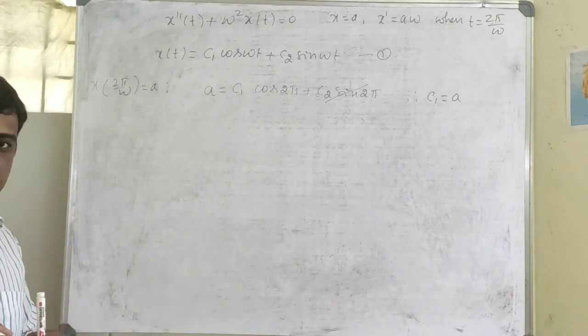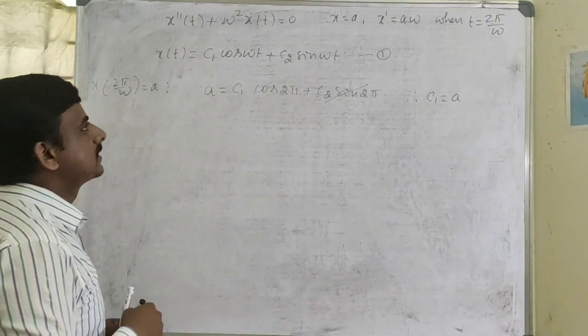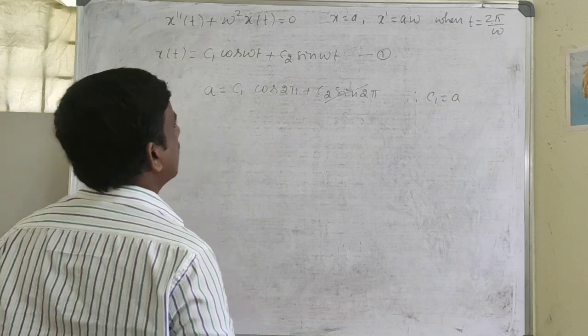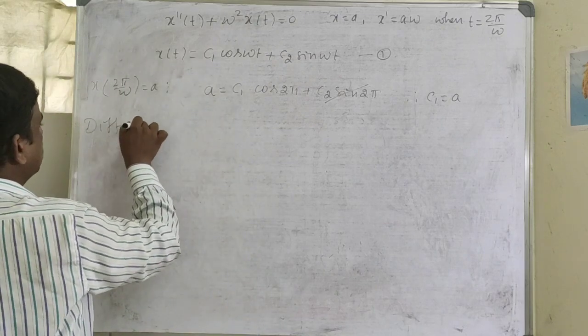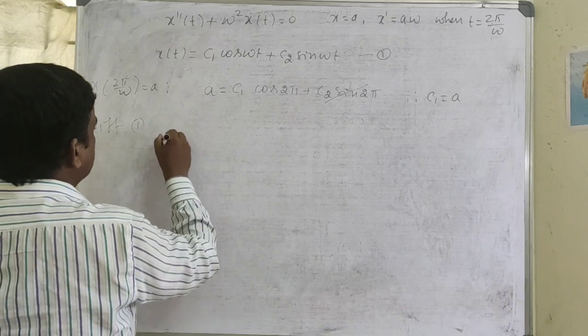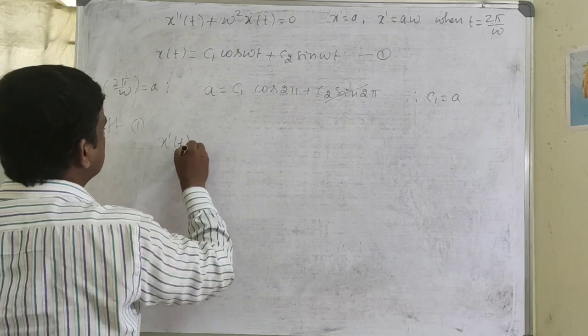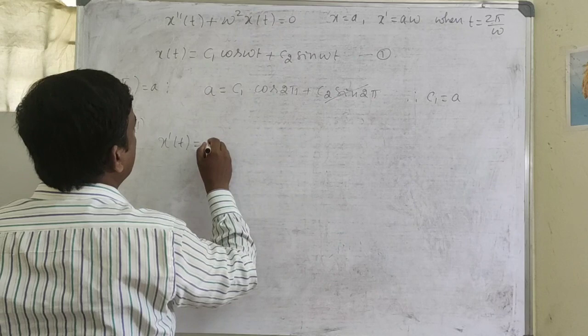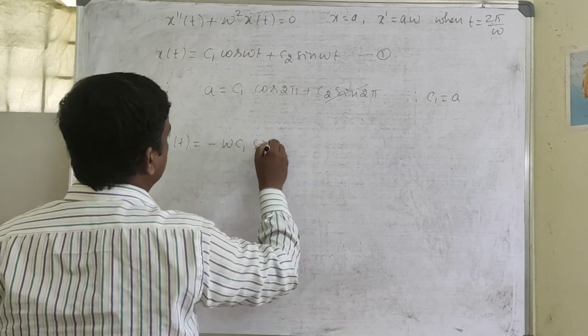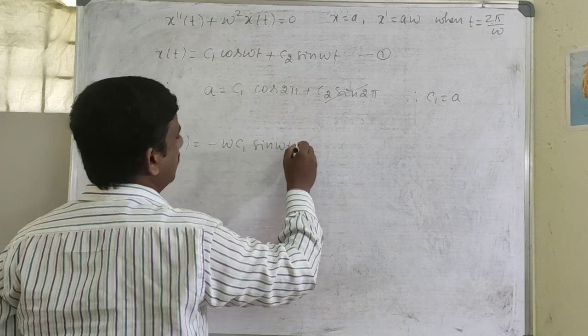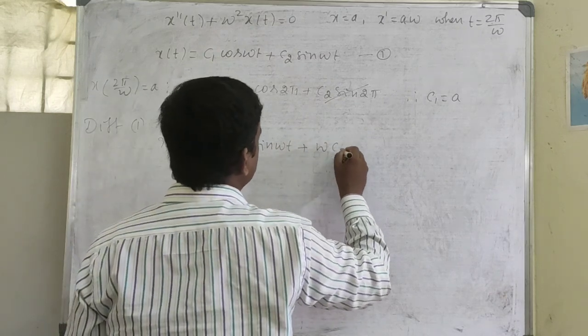Next, c2. Differentiate 1 again. I'll get x dash of t equal to minus omega c1 sin omega t plus omega c2 cos omega t.